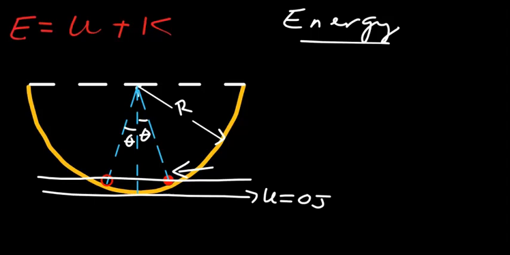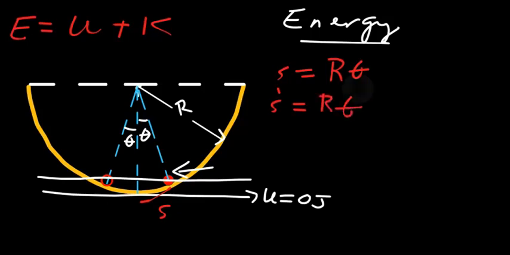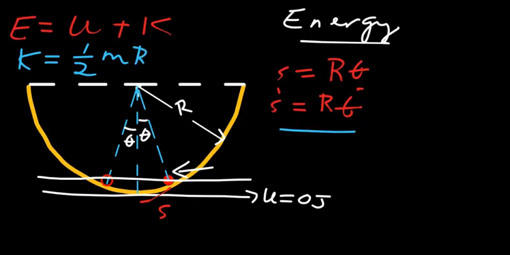As we have discussed before, this length, the arc length, is s, and s equals r theta. So the speed is r theta dot. So the kinetic energy of this object equals half times mass times the square of that speed, so r squared theta dot squared.